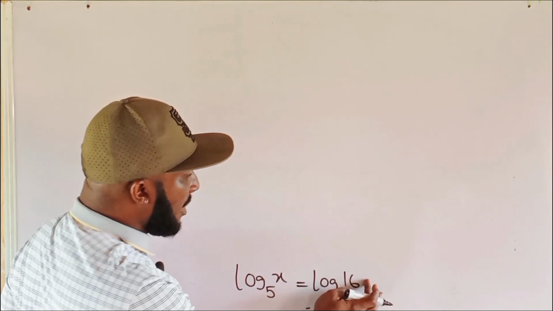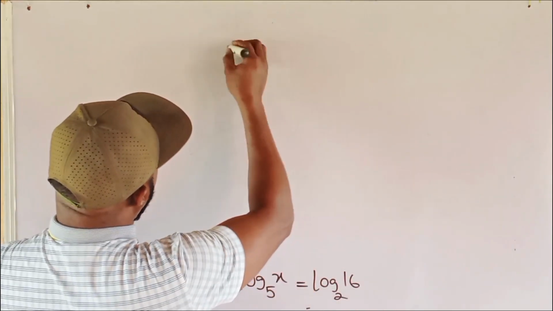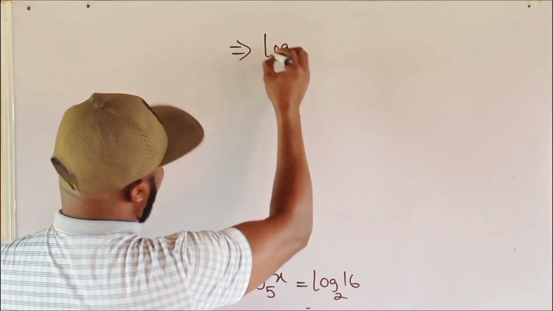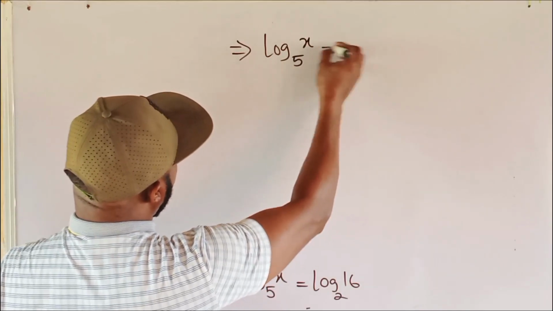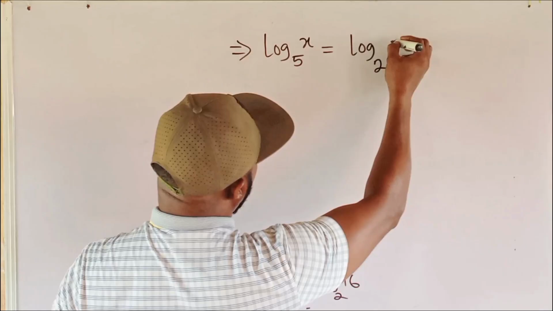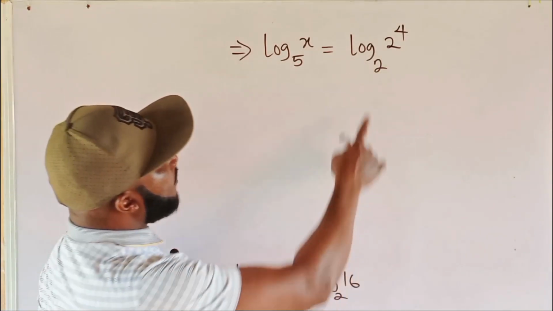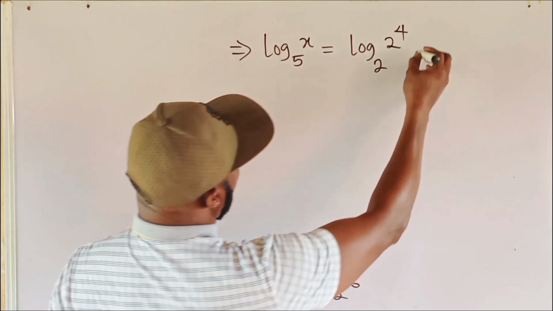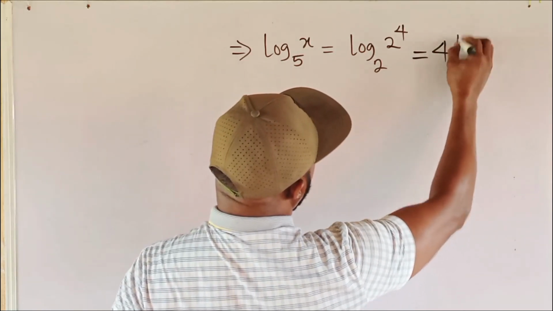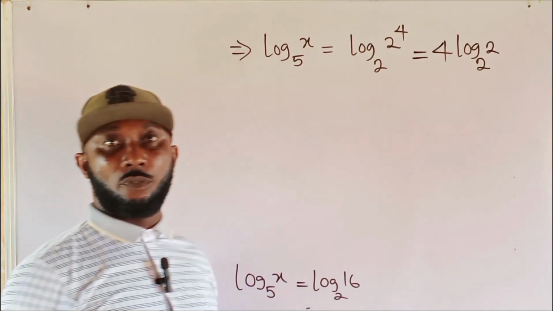Now, 16 is 2 to the power of 4, or 2 to the 4th. So we shall have log to base 5 of the argument s equal to log to base 2 of the argument 2 to the 4th. Now, from the same power rule of logarithm, this can be written as 4 multiply log to base 2 of the argument 2.